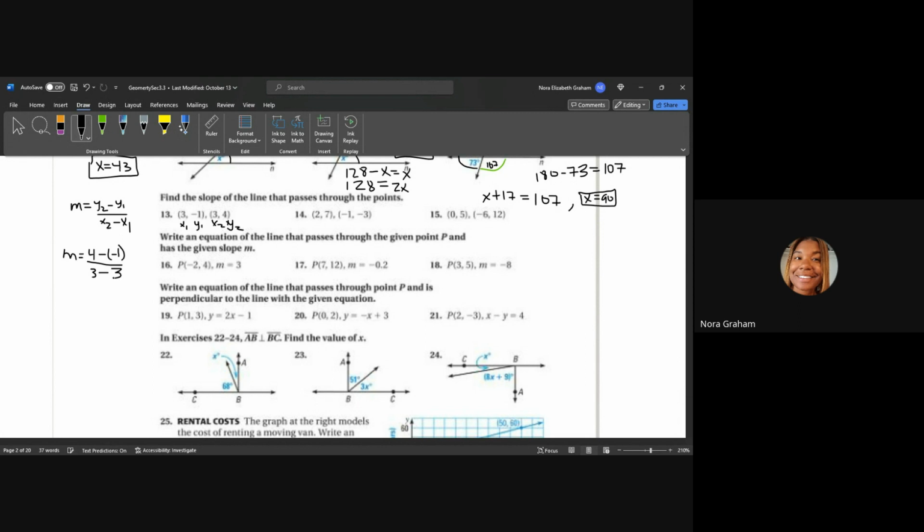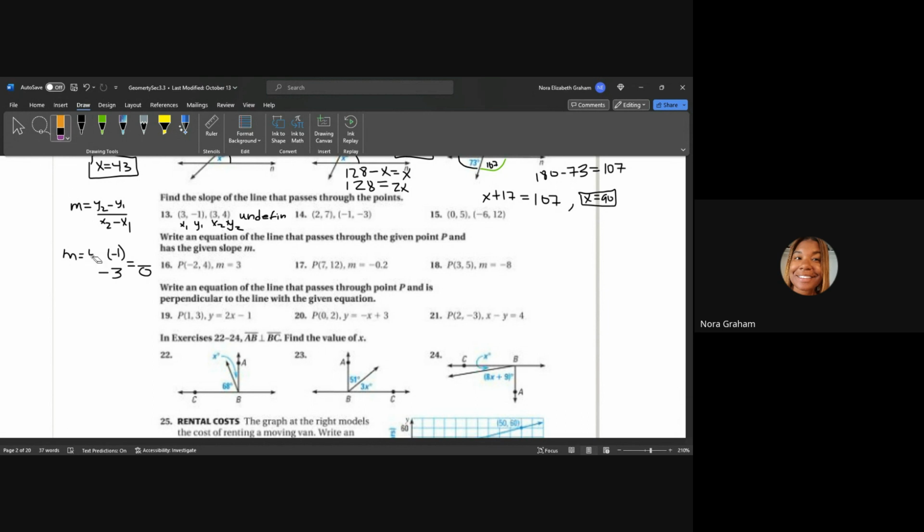Right off the bat, 3 minus 3, that means I'm going to get a 0 in my denominator. Mathematicians do not like 0 in the denominator. We can't have that. So I know that this is going to be undefined. This is an undefined slope. And something with an undefined slope is basically a vertical line, kind of. I'm not going to spend time explaining that.